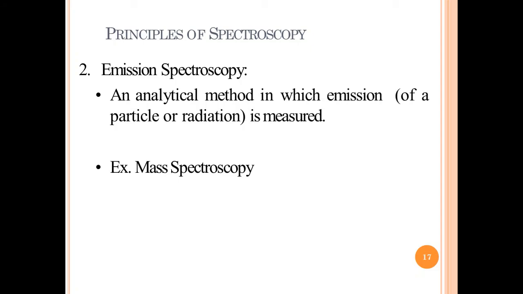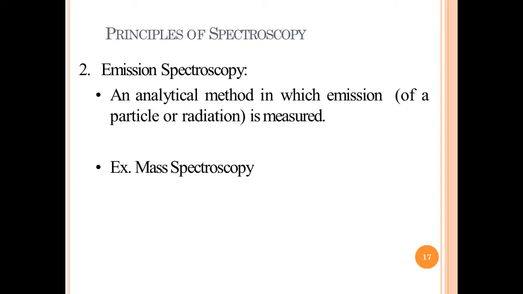The second type of spectroscopy is emission spectroscopy. It is again an analytical tool where emission intensity is measured. When light falls on any object, some amount of light will be absorbed. When light is absorbed, it means energy is absorbed. The molecule which gains energy gets to the next higher energy level, where it is highly excited and highly unstable.